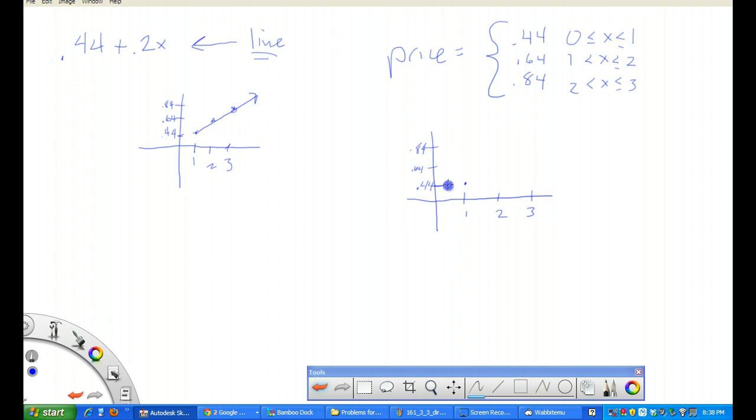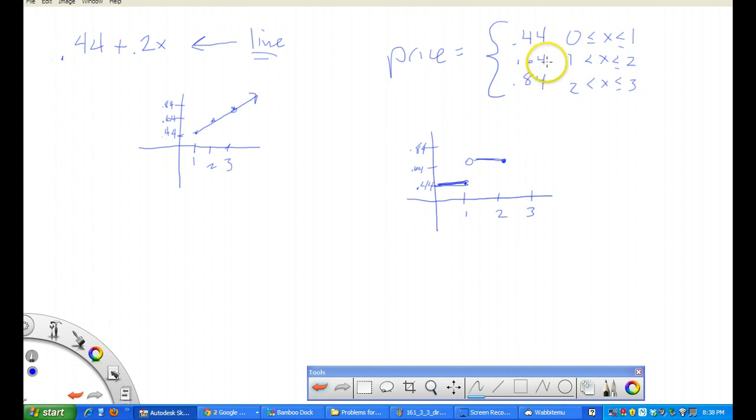So we've got this horizontal line that goes from there to there. Okay? And now once we move up to bigger than 1 but less than 2, once we're in this region, it's 0.64. So up here, now we got an open dot here all the way across, and then a closed dot.